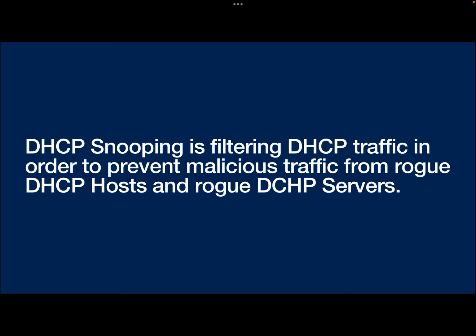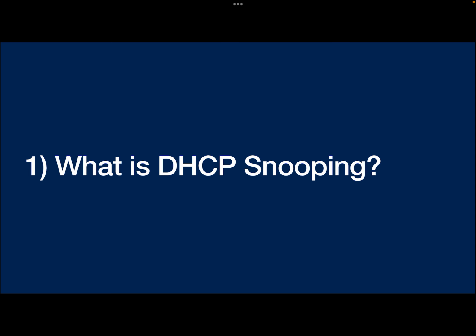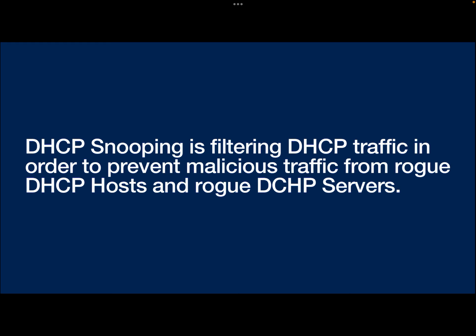The release message can be exploited, and I'll show you later on in this lesson. And so there are DHCP protocol related attacks. Now DHCP snooping, we need to remember, is not an attack. DHCP snooping is a prevention against attacks.